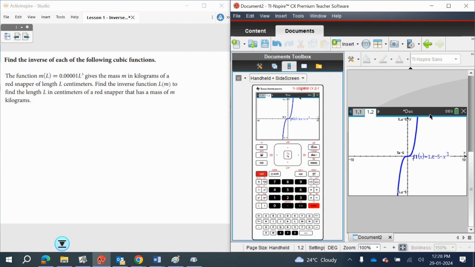However, we have a problem. This has a context, so it can't be negative. The length can't be negative. You can't have negative mass or length. So what is the domain of the original function? X is 0 or bigger.